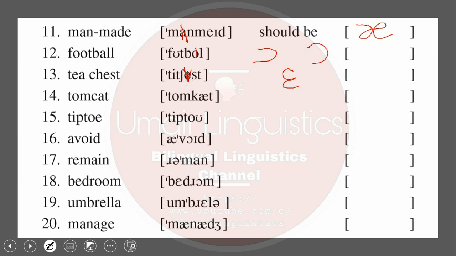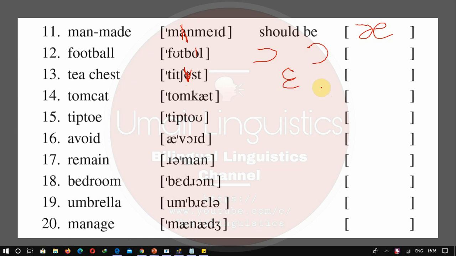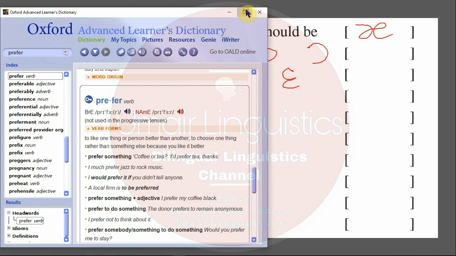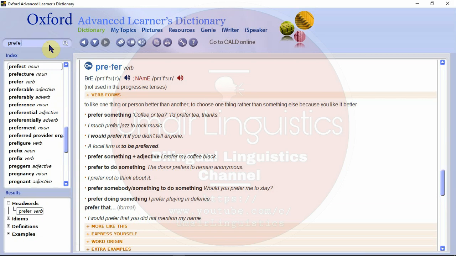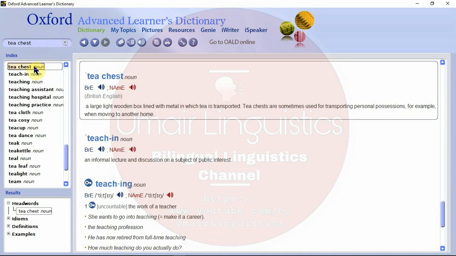So keep in mind, whenever we look up in the dictionary, let me show you to make this clearer. This is the Oxford Advanced Learner Dictionary. For example, I am going to write tea chest.